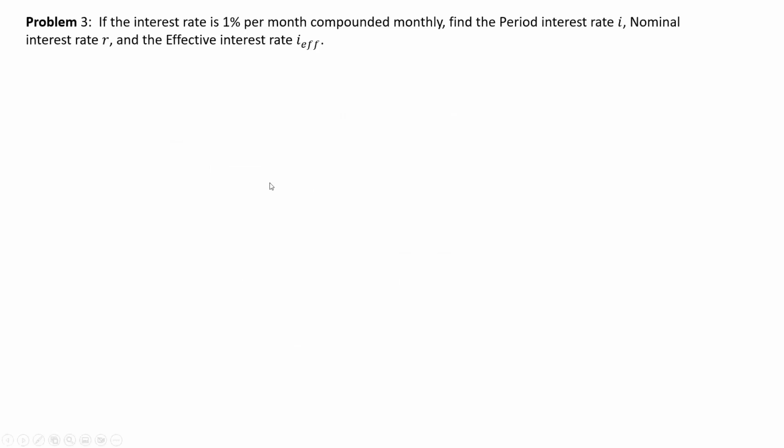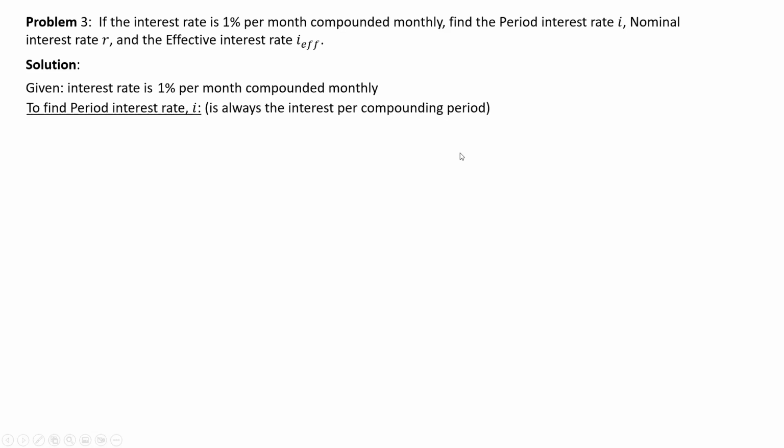Next, if the interest rate is 1% per month compounded monthly, find the period interest rate I, nominal interest rate R, and the effective interest rate I effective. Okay. Interest rate is what? 1% per month compounded monthly. That's the scenario. Cool. Number of periods per year?